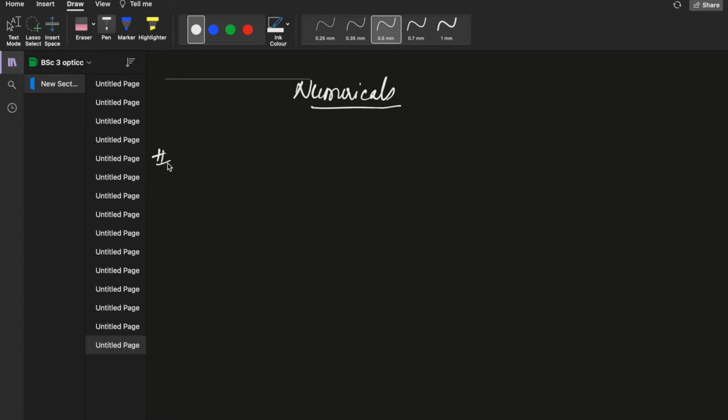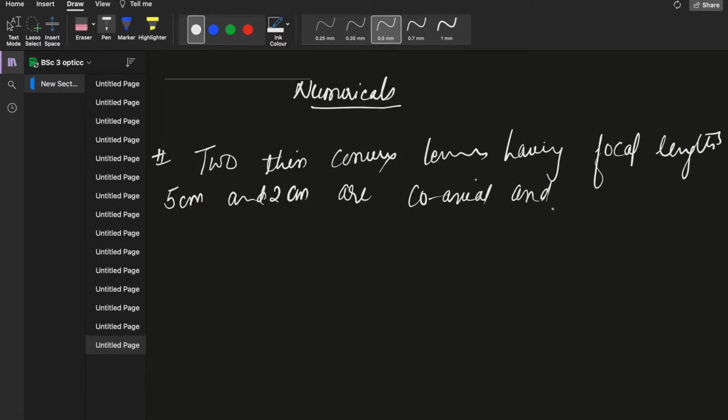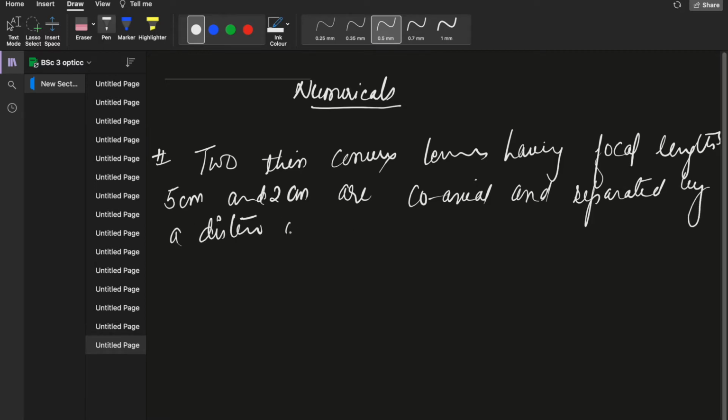The question says: two thin convex lenses having focal lengths of 5 centimeter and 2 centimeter are coaxial and separated by a distance of 3 centimeter.